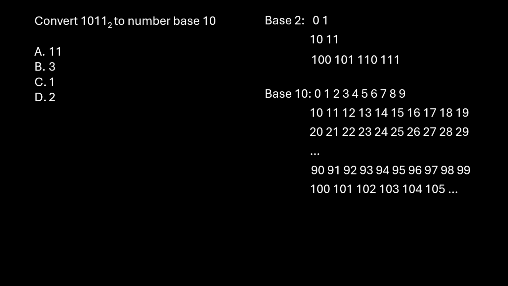So to answer this question, convert 1011 base 2 to number base 10. First, let's write out the digits. So we have 1, 0, 1, 1. Now let's label each position starting from the right. And we're going to label them with 0, 1, 2, and 3.